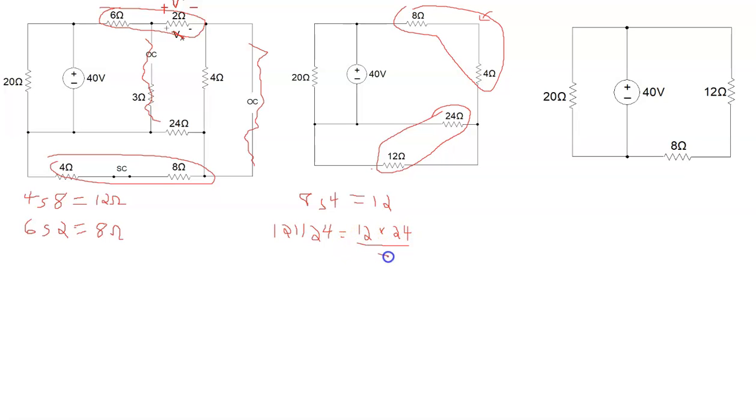Over 12 plus 24, 36. And if you do the math there, it comes up with 8 ohms.